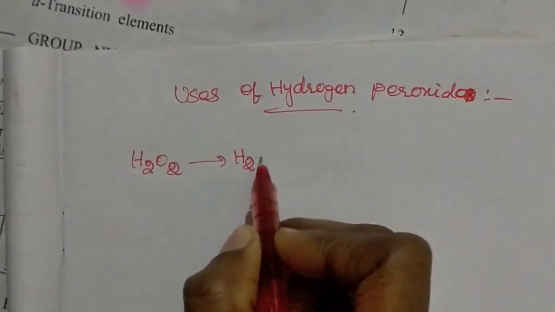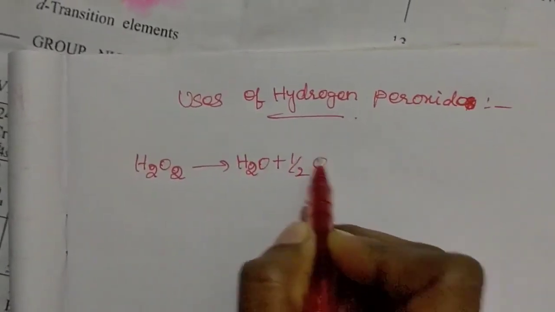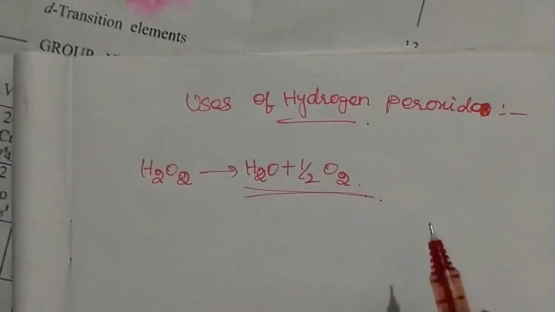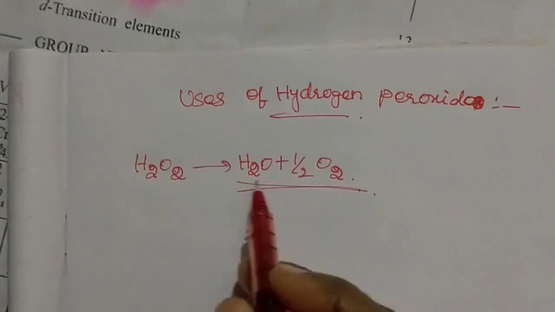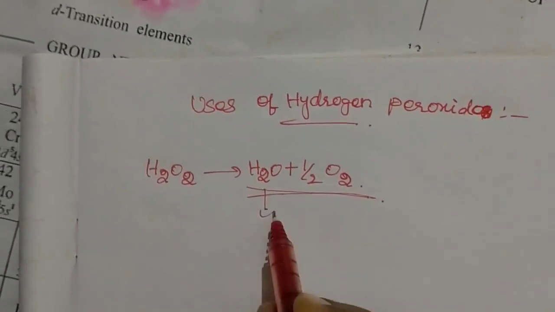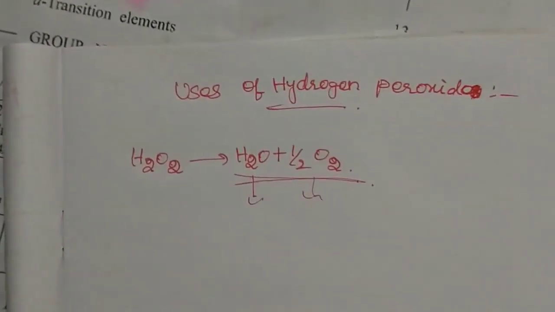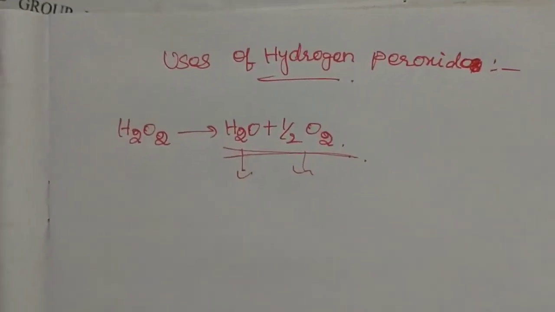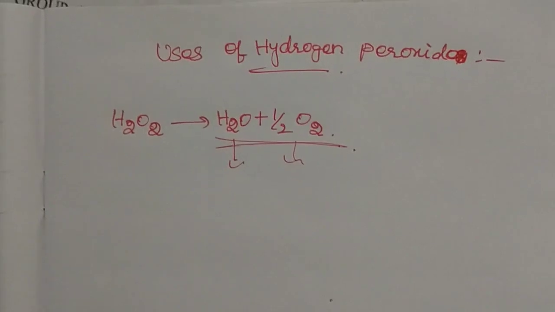The disproportionation of this hydrogen peroxide produces harmless products like water and oxygen. So it is harmless and we can use this for many applications.